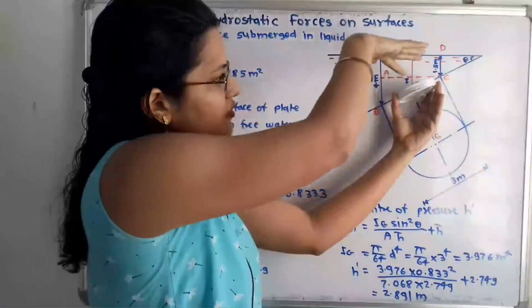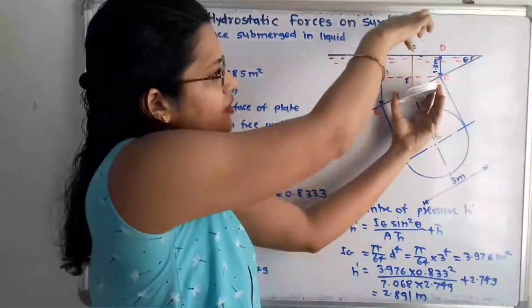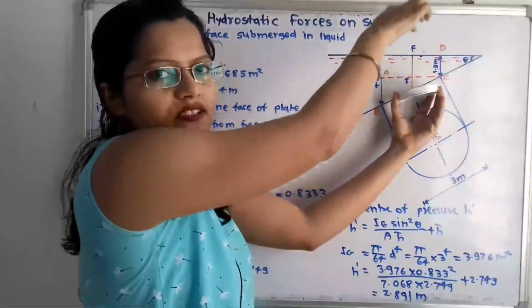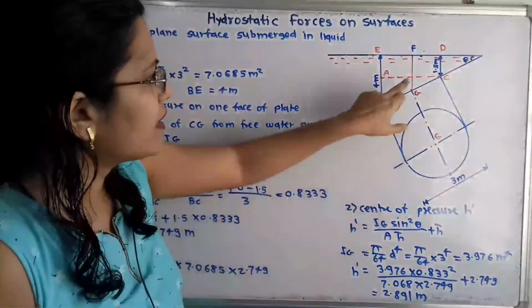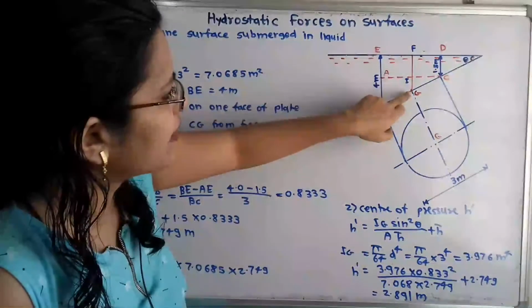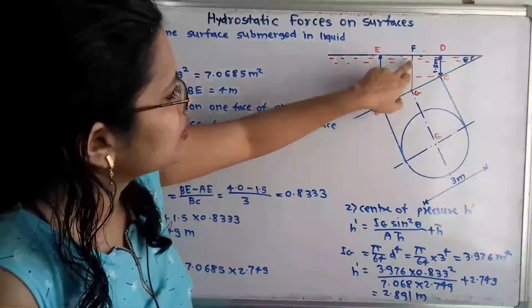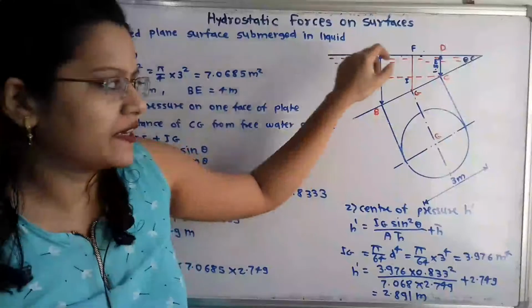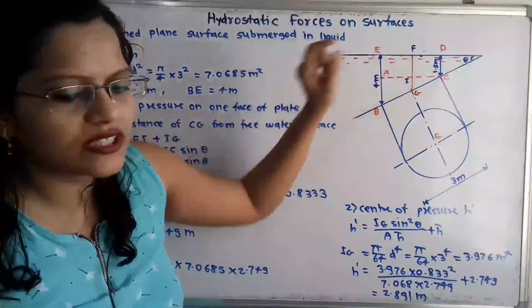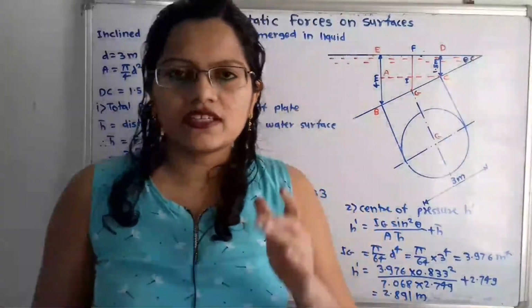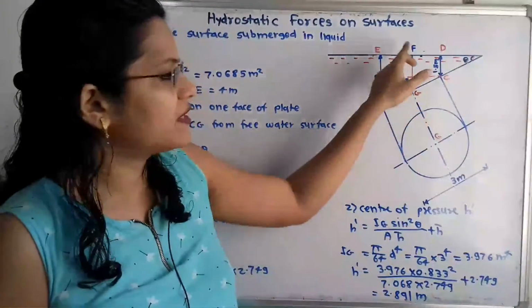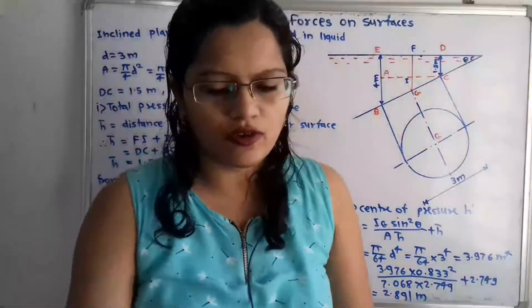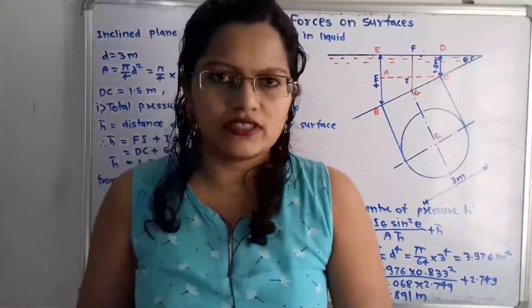So from the free surface of water we have to draw one perpendicular line passing through the point G. I have shown it with this red line, from point G to F, where F is the point of intersection on this horizontal line. So G to F shows the distance h bar, the distance of center of gravity from the free surface of water. So how to calculate this?